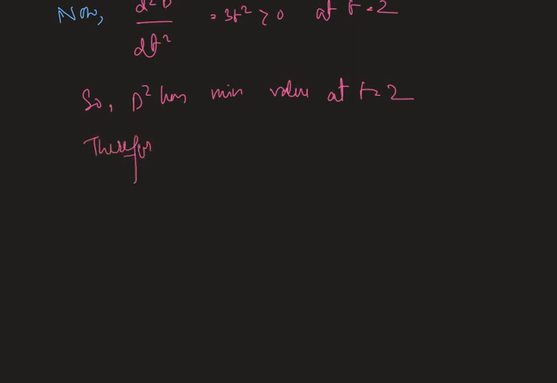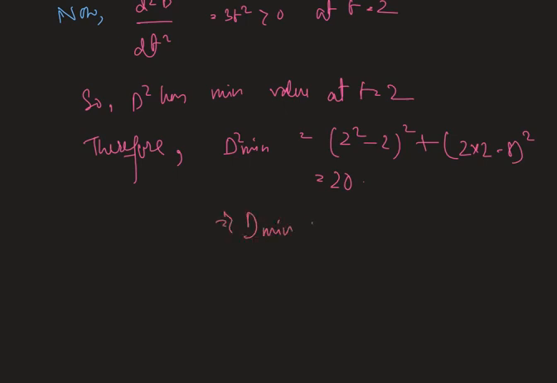Therefore, we can say that d square minimum equals (2 square minus 2) whole square plus (2 into 2 minus 8) whole square, and this results in 20. Therefore, d minimum equals 2 root 5.